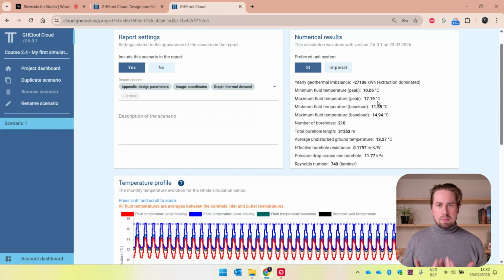So strictly speaking, you could say, well, this is not designed, it's not within limits, etc. But of course, you've seen what a gigantic project it is at 210 boreholes. And we're doing this with just yearly values. So the uncertainty on the inputs is quite big, I think.